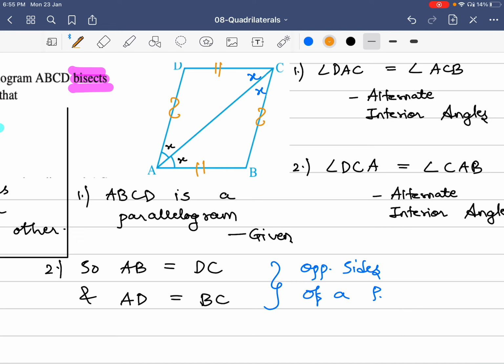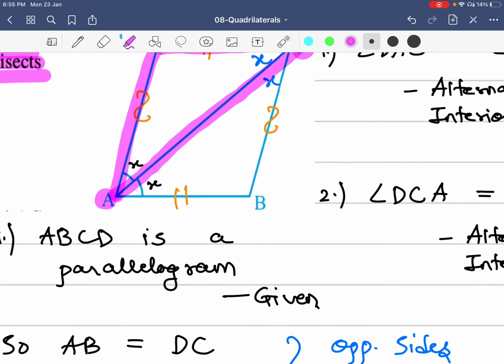Now, focus on this triangle. I'm going to highlight it. Focus on this triangle ADC. This is a triangle. Let me try to zoom in.